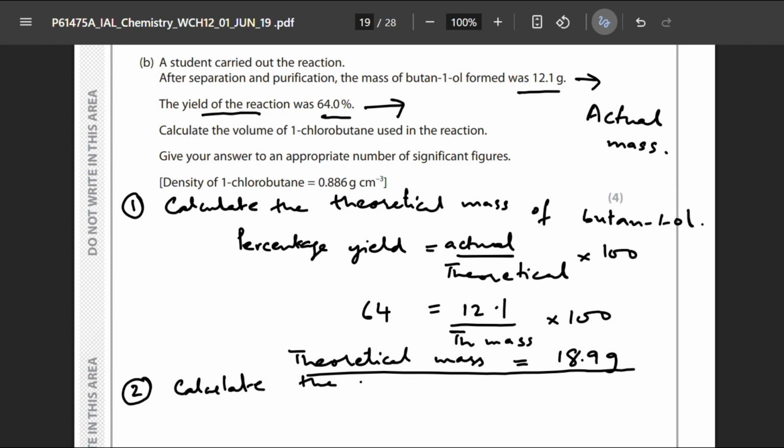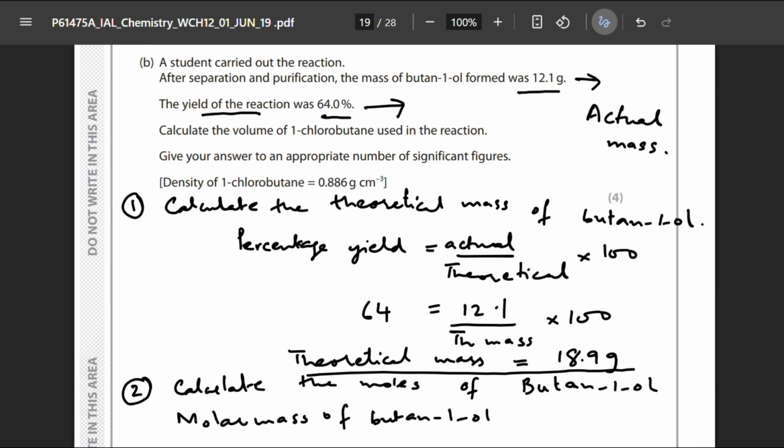Now through the mass you need to calculate the number of moles of butan-1-ol. So in the second step you will calculate the moles of butan-1-ol, and for that you need the mass and the molar mass.